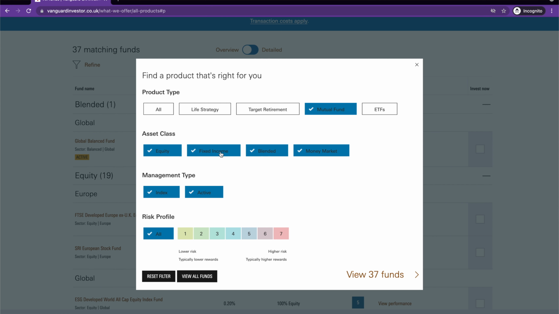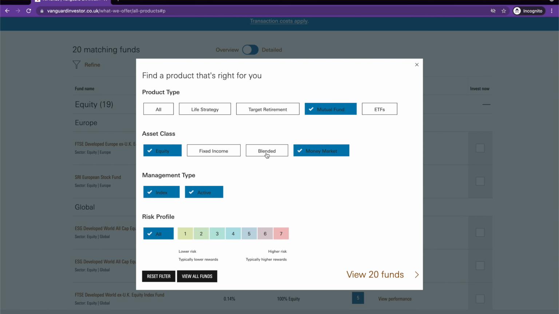However, if you're interested in things like bonds, that would be fixed income over here, or if you're interested in funds that blend stocks and bonds, you could select blended, or money market, which are basically short-term debt securities. We don't want to do that.